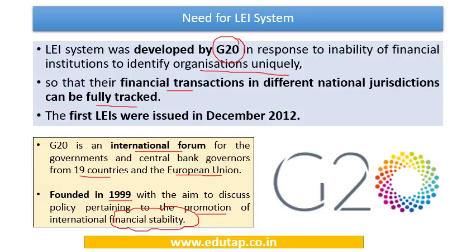So if there's an entity which comes to a bank in Switzerland, and the same entity comes to a bank in India, those banks should be easily able to track what the credit score of that entity is with the other bank in Switzerland, and vice versa. So that's basically the purpose of this legal entity identifier system. The first legal entity identifier codes were issued in December 2012. So this is a new system, but it's gradually gaining attention.